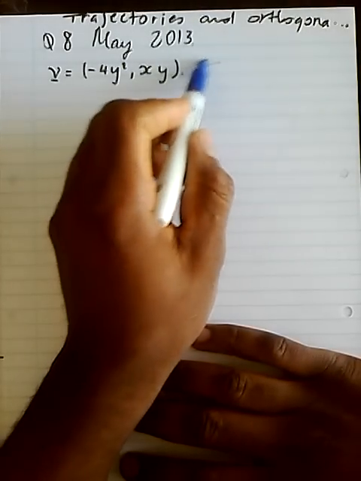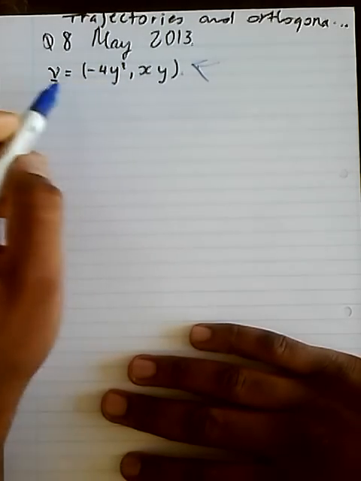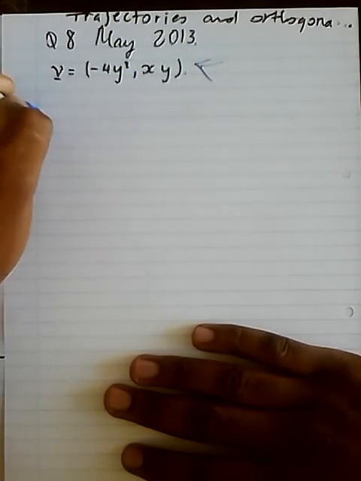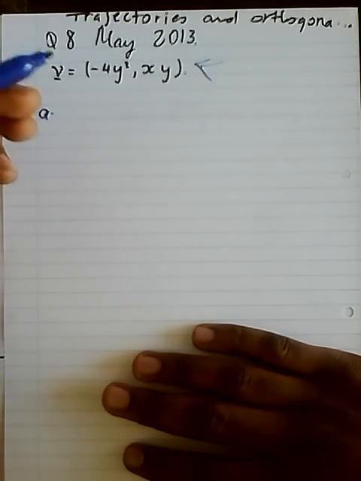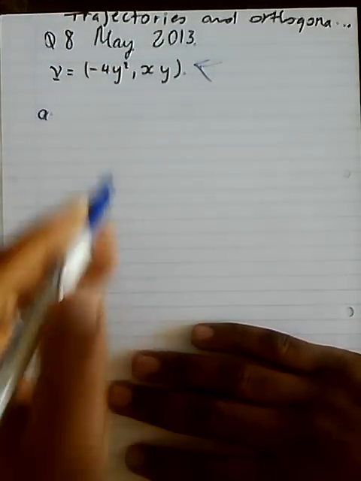Now we're given this vector here as the velocity field, given as this here. Question A is asking us to find and identify all trajectories.